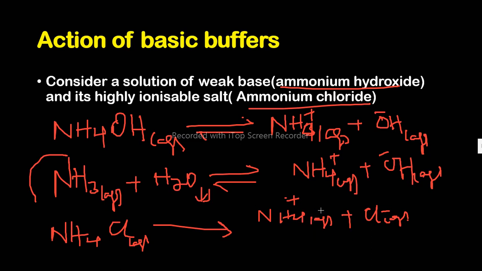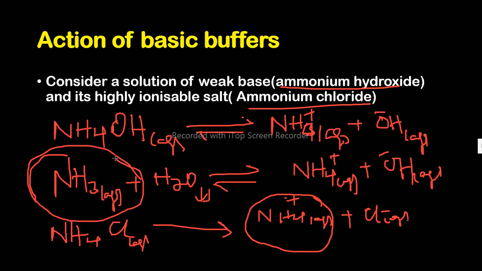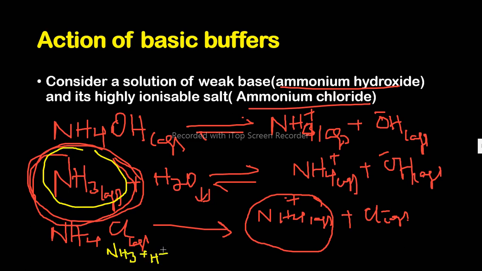Because in this solution you have ammonium ions and enough of them, plus excess undissociated ammonia, if, for instance, we add hydrogen ions, the hydrogen ions will react with the excess undissociated ammonia to form ammonium ions.